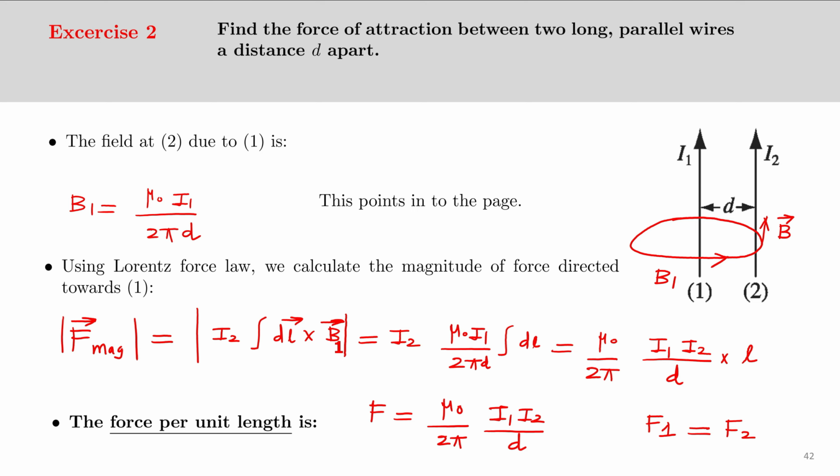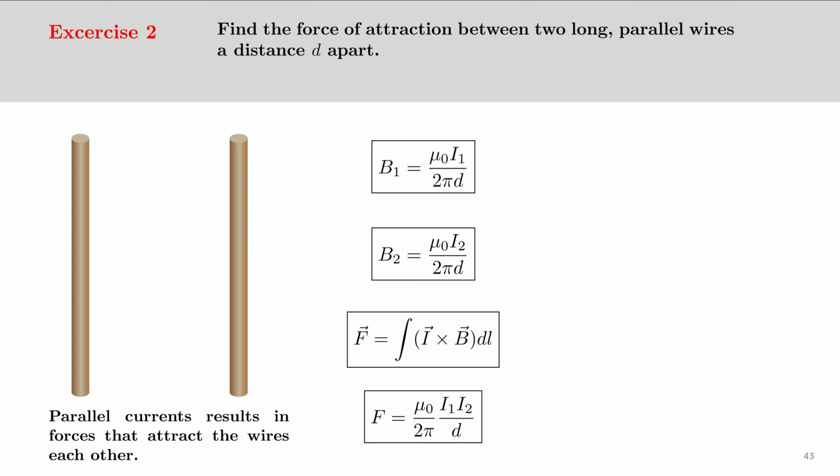Let's now try to find out the direction of the force in two cases. Case 1 is where the two currents are parallel and along the same direction. If we assume this as the direction of current, the magnetic field due to conductor 1 points into the page, and that will be like this. And when we calculate I cross B, that will be directed along this direction, that is towards conductor 2.